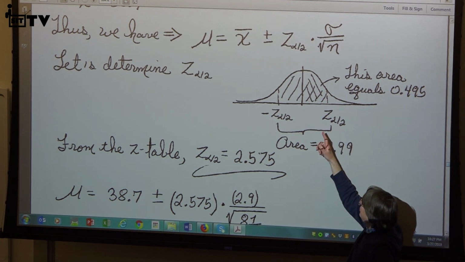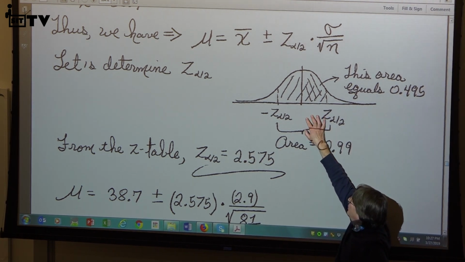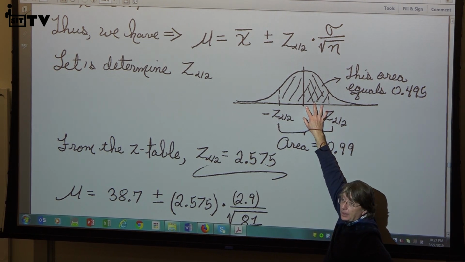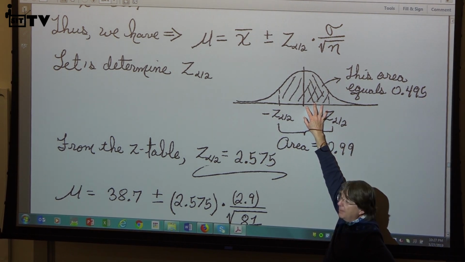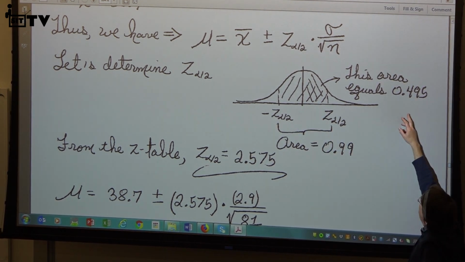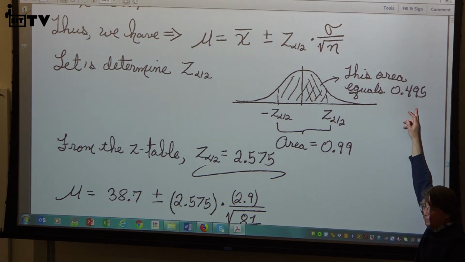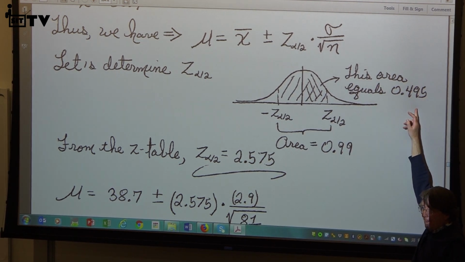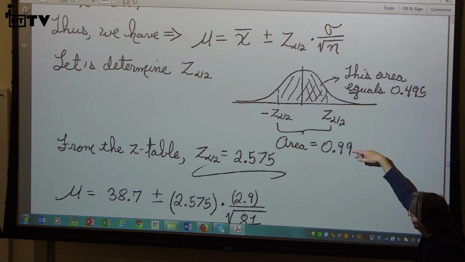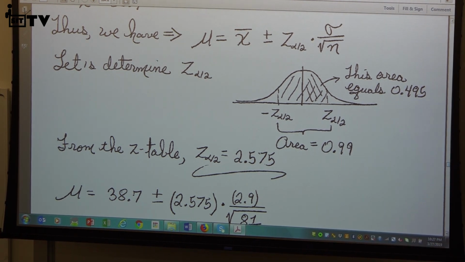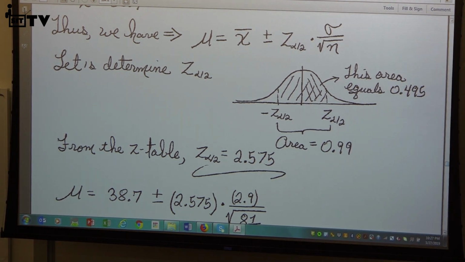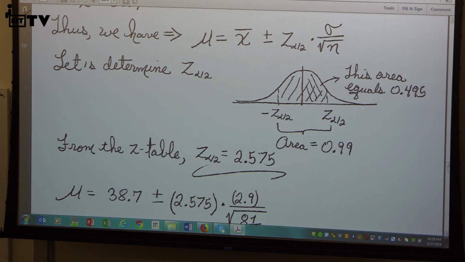That means, how much do I want this area to be? 0.99 divided by 2, which is 0.495. So now I go to the Z table, and I want 0.495.